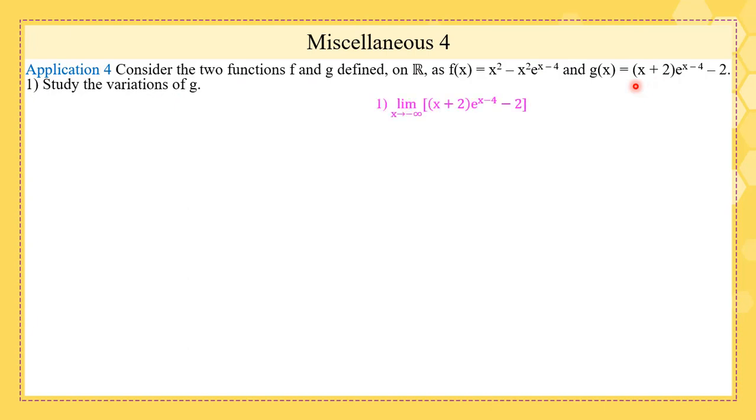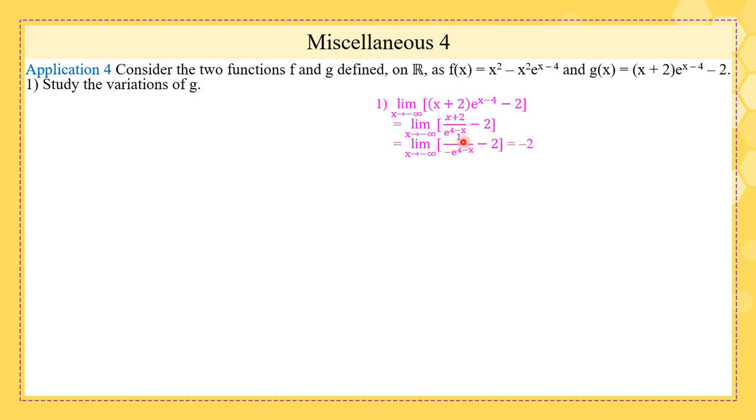Well, let's begin to study the variations. The domain is minus infinity plus infinity. It's already given. So we begin by finding the limit at negative infinity of this expression. In this case, if we substitute, we get negative infinity times 0. So we use the reciprocal method. e^(x-4) becomes in the denominator as e^(4-x).